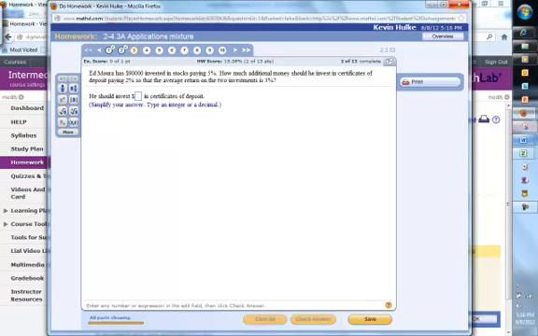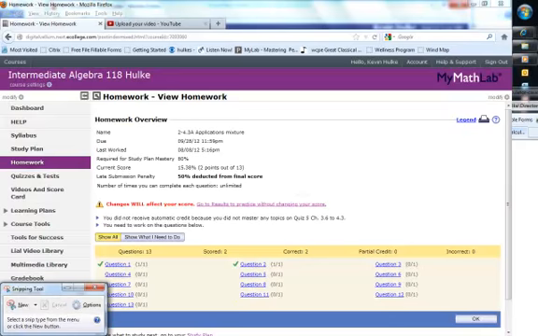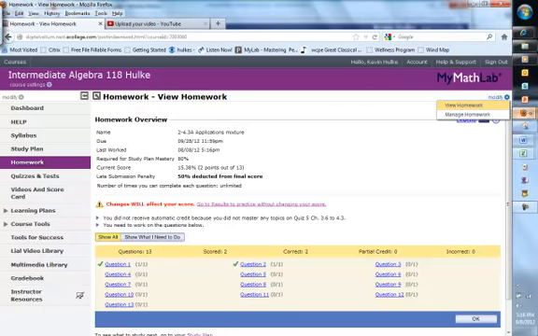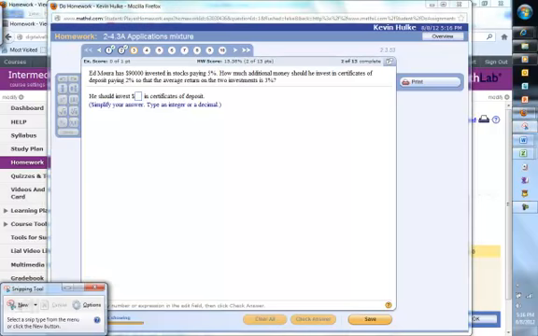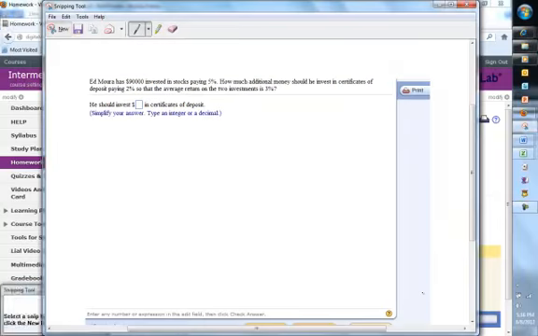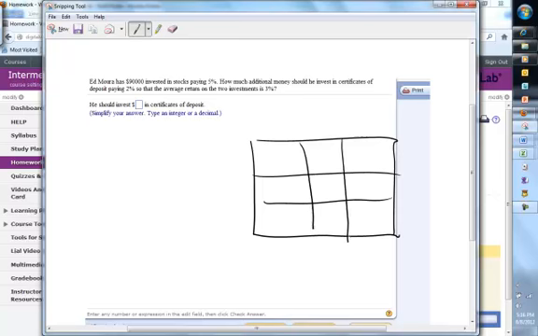Okay, another word application. This one is using the chart again. Okay, we've got a 3x3 chart with the box down at the bottom.